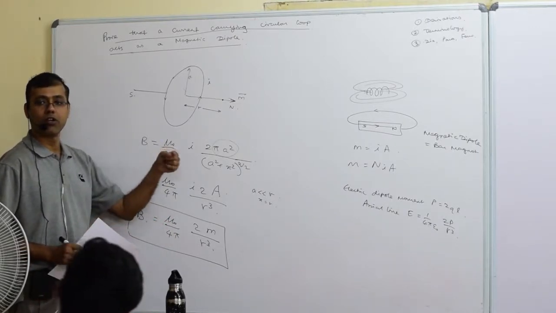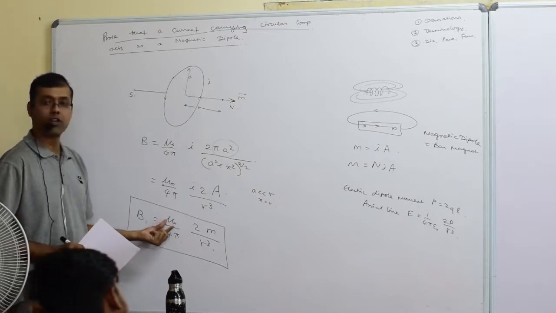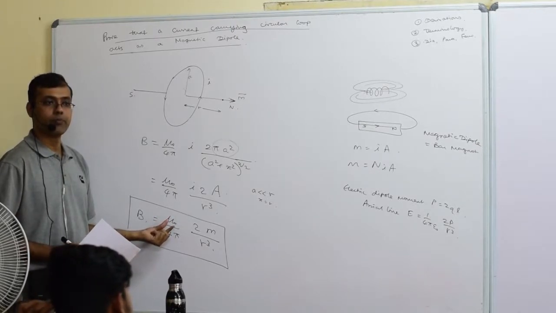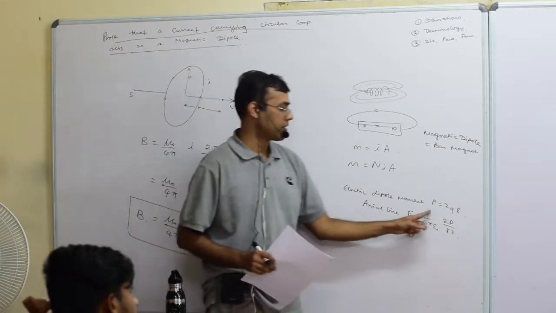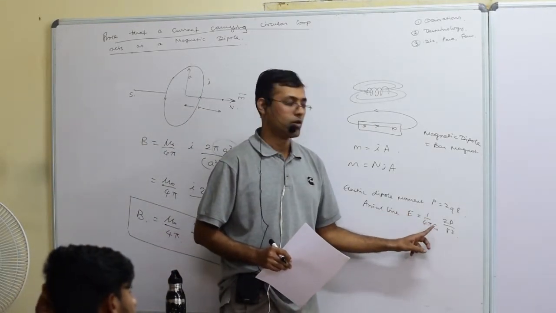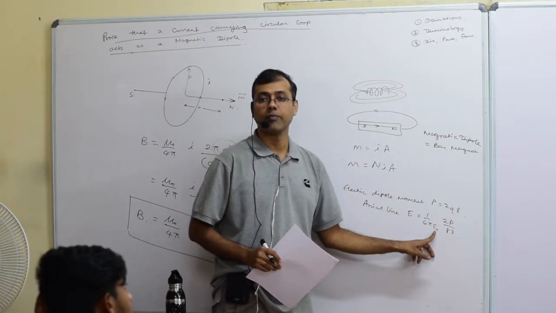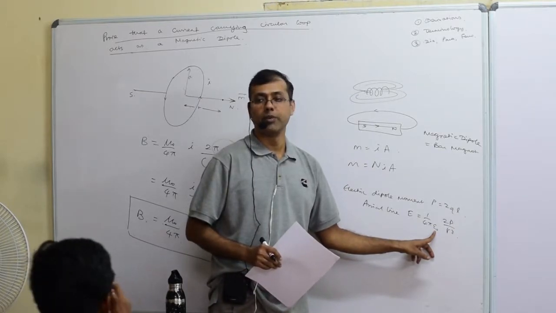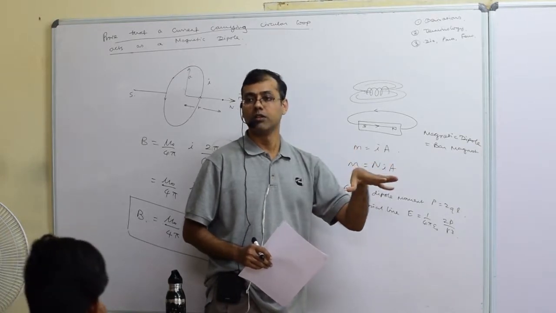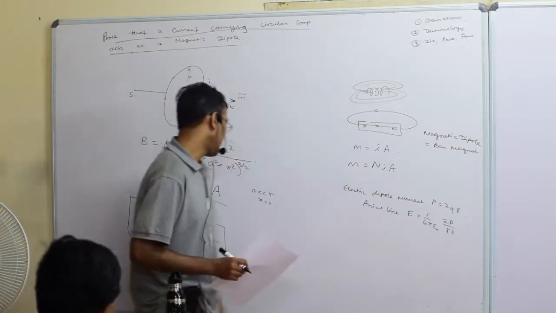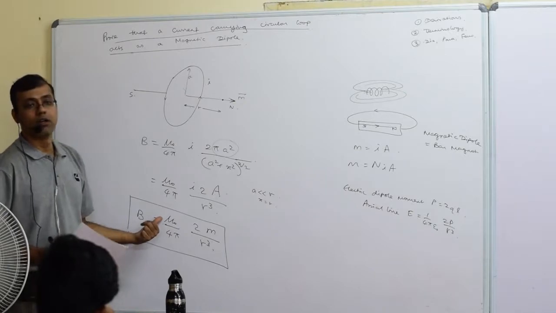So instead of epsilon naught coming in the bottom, here the mu naught will appear in the top. But this is a constant. For the electric stuff, it is a constant here. What is epsilon naught? Permittivity. How much the electric lines can flow through the medium. The same thing here: mu naught is permeability.